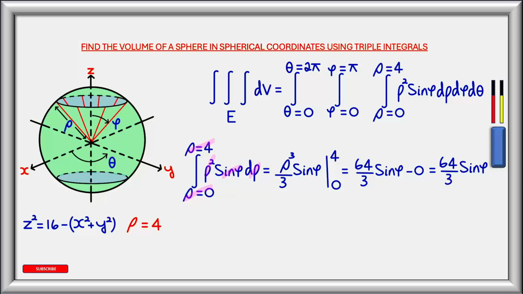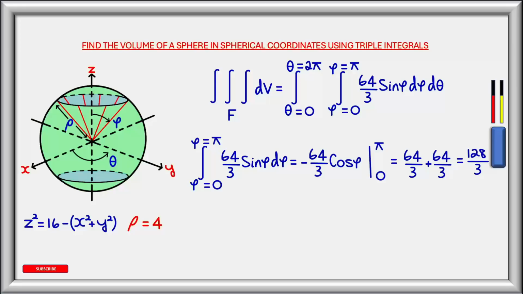And using the power rule to evaluate this, we get ρ cubed divided by 3 multiplied by sine phi. And plugging in the limits of integration, we have 64 divided by 3 multiplied by sine phi minus 0. So this equals 64 divided by 3 multiplied by sine phi.